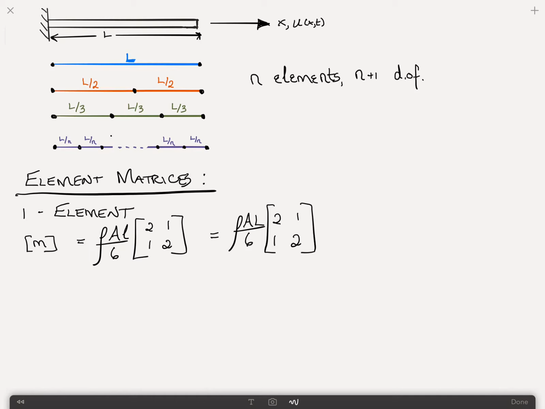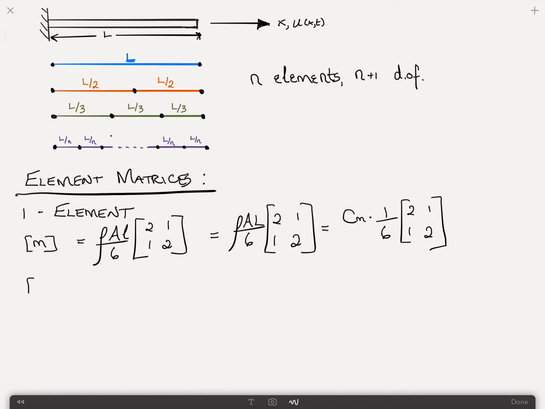And what I'll choose to do is group these constants as a single constant, reminding you that rho, A, and L are a combination of material and geometric properties. I'll call it Cm. I choose to write it this way, and it will become obvious in a little bit why.